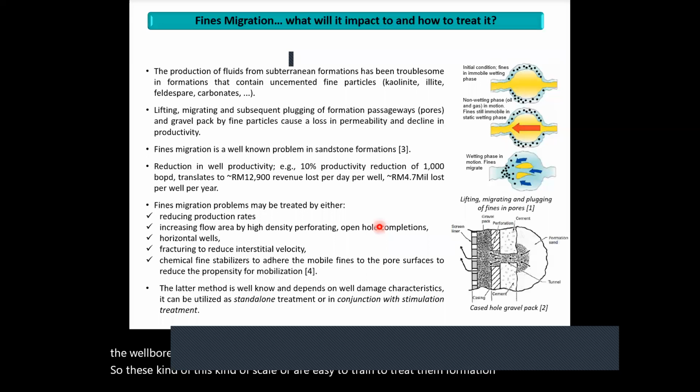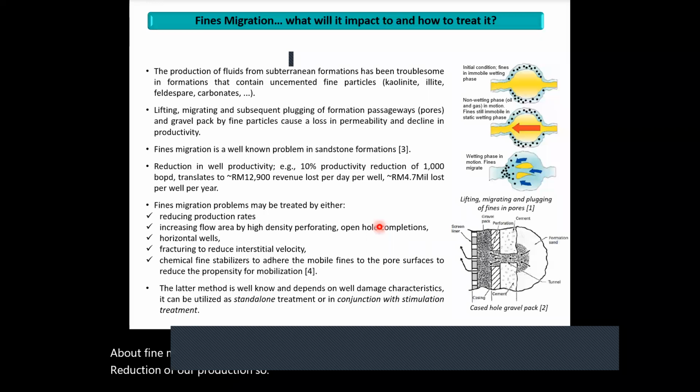Okay, so here I'm going to show you some info about fines migration and how this fines migration can contribute to reduction of our production.